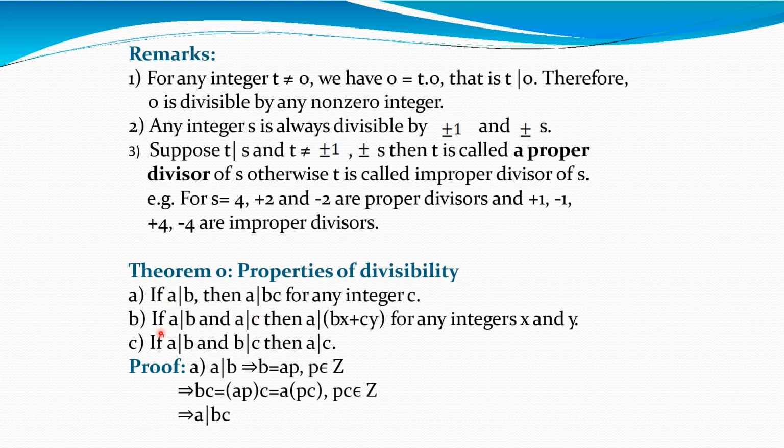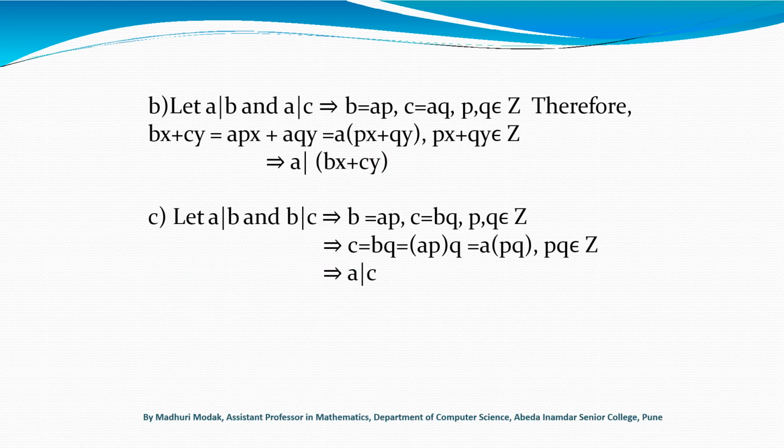Now see the second result. If a divides b and a divides c, then a divides bx plus cy for any integers x and y. Now again start with the given part. As a divides b and a divides c, by using the definition of divisibility, we get b equal to a into p and c equal to a into q, where p and q are integers. Now we have to show that a divides bx plus cy. So again we must get bx plus cy equal to a into some integer. Now start with bx plus cy.